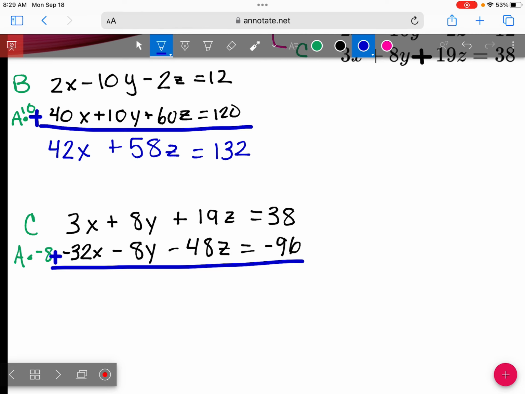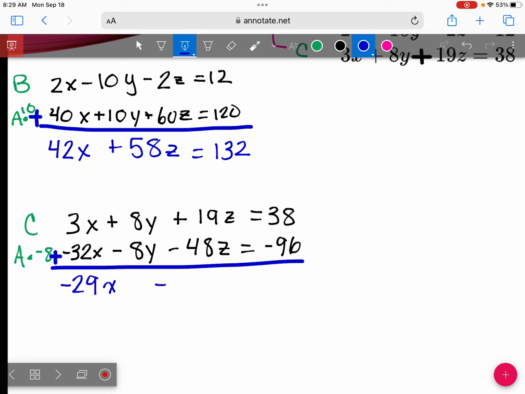Because now we are going to do our columns on this pairing. So we have our 3x plus negative 32x gives us negative 29x. 8y minus 8y, those cancel out, and that's generally the point.